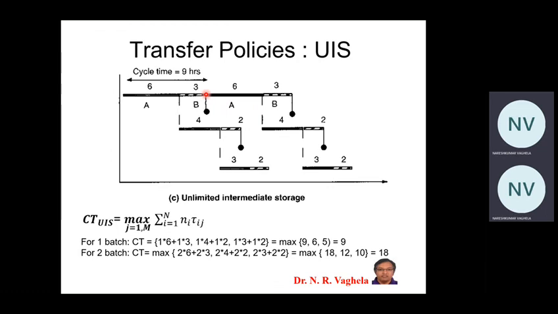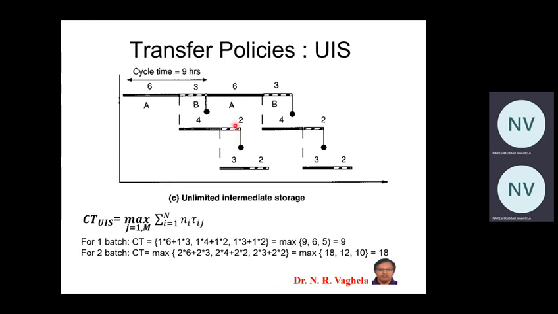Instead of 1 hour of holding of material B in stage 1, we can use the intermediate storage vessel and transfer that material into that intermediate vessel. So by transferring the material into the intermediate vessel, our stage 1 becomes empty. So we can start the new batch of product A after the completion of 3 hours of product B.